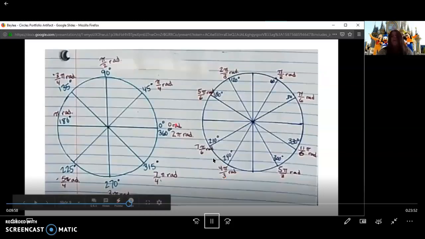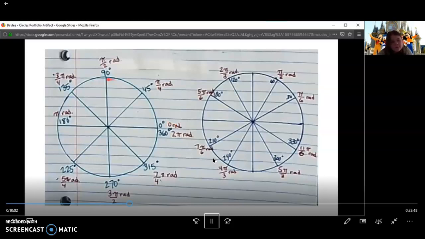These two circles here represent a conversion chart. So over here you can use the most common degree angles and convert them to radians very easily. So if you know that 0 degrees is right here, and then you go to 90, so you have 90 degrees from here to here, then that would be 2 pi over 2 radians right there.